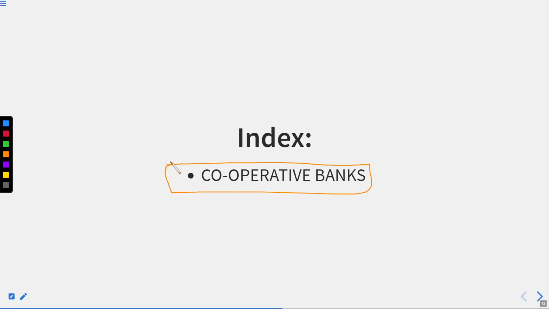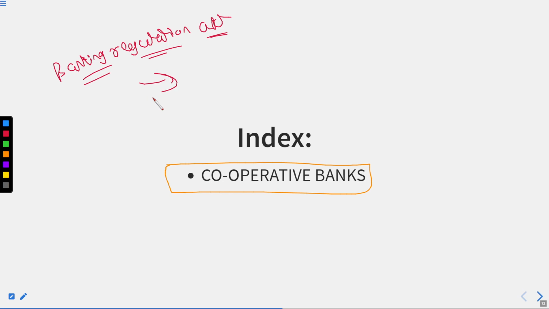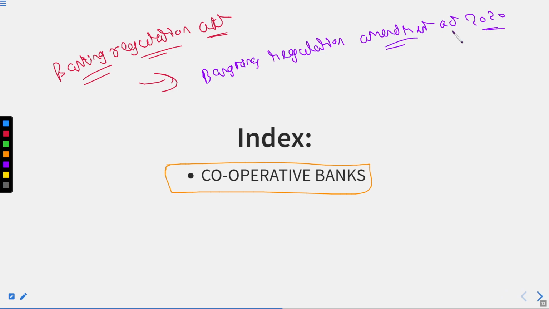The lecture was for the Banking Regulation Act, and it was the last lecture, I think, in which we had started the discussion over the Banking Regulation Amendment Act. The year was 2020. So what did this amendment actually do?